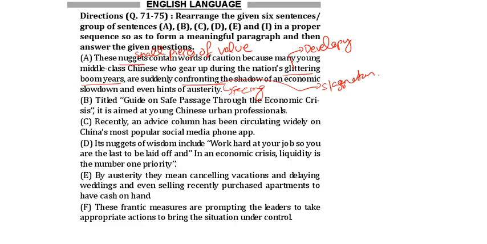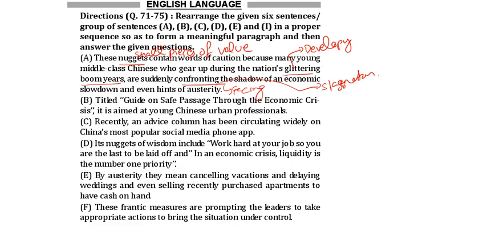And in an economic crisis, liquidity is the number one priority. By austerity, they mean simply cancelling vacations and delaying weddings and even selling recently purchased apartments to have cash on hand.